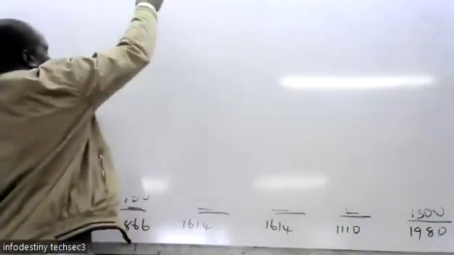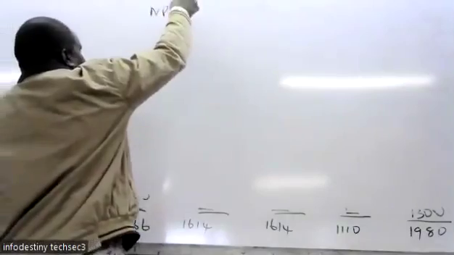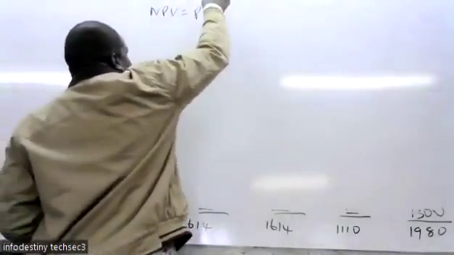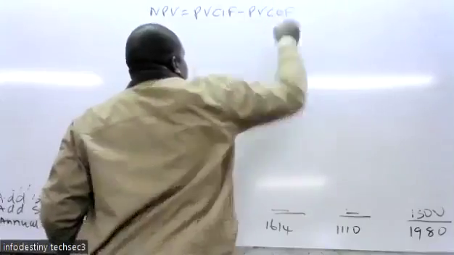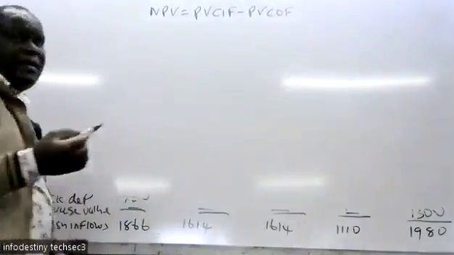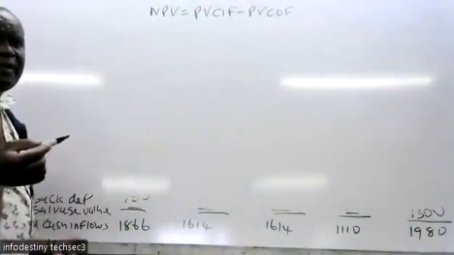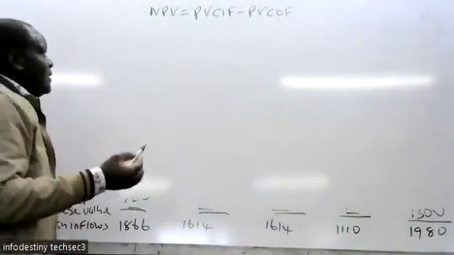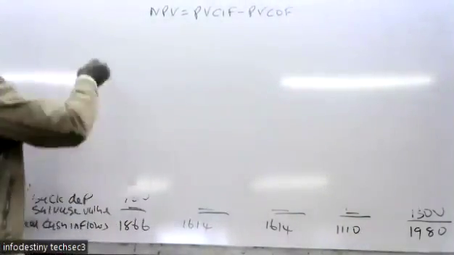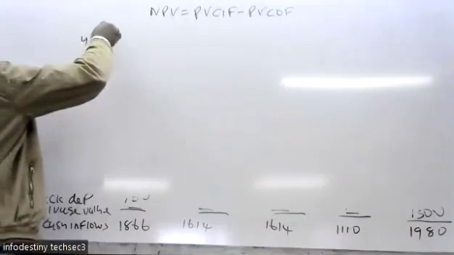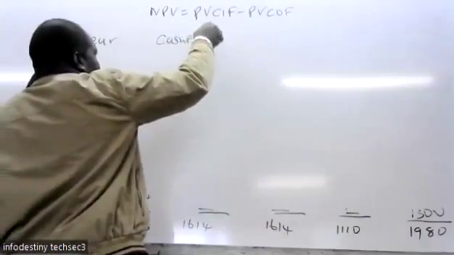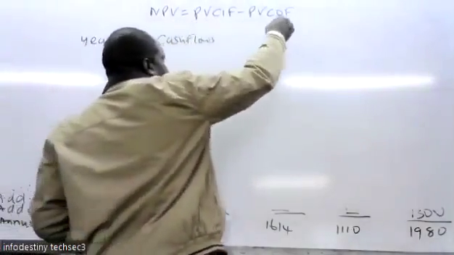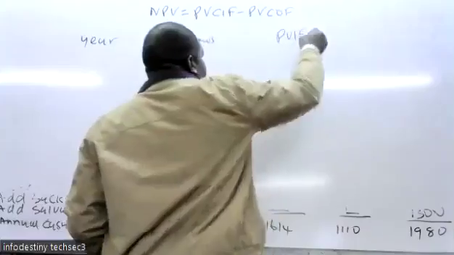NPV is supposed to be given by present value for the cash inflows, we minus the present value for the cash outflows. So you will be having the year, then cash flows, then present value interest factor.